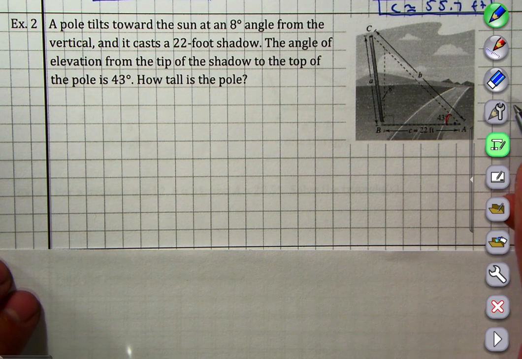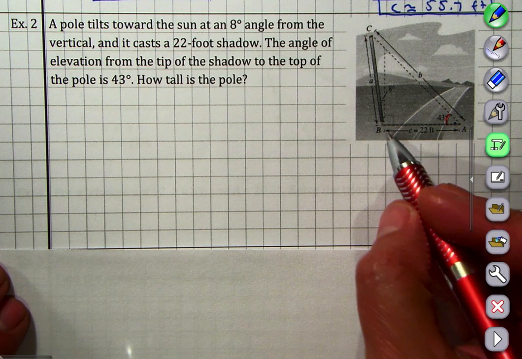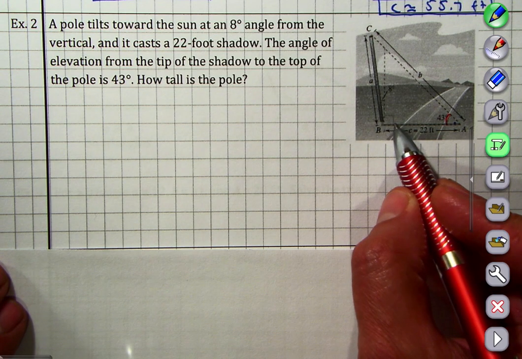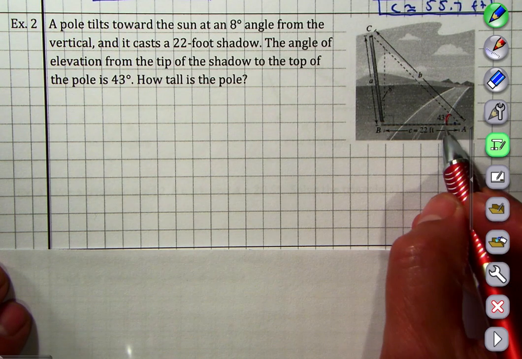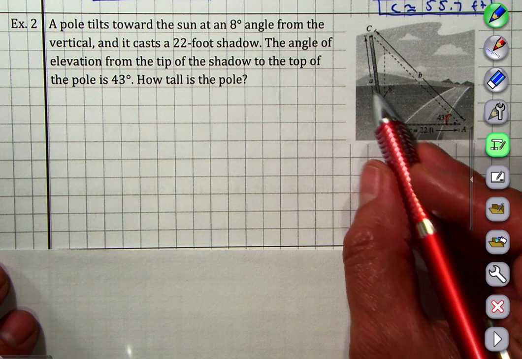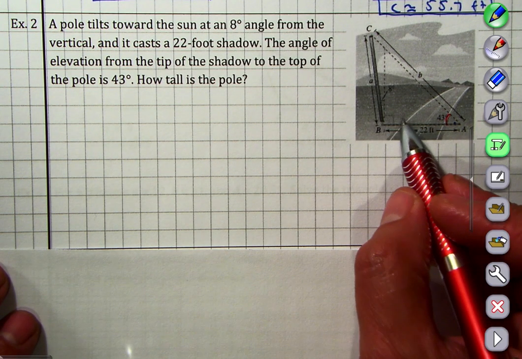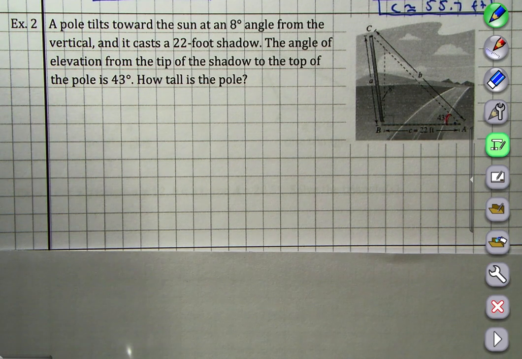Now we are very tempted to use SOHCAHTOA, but this is no longer a right triangle. So we can't use opposite over hypotenuse or opposite over adjacent. That's only valid if it's a right triangle.